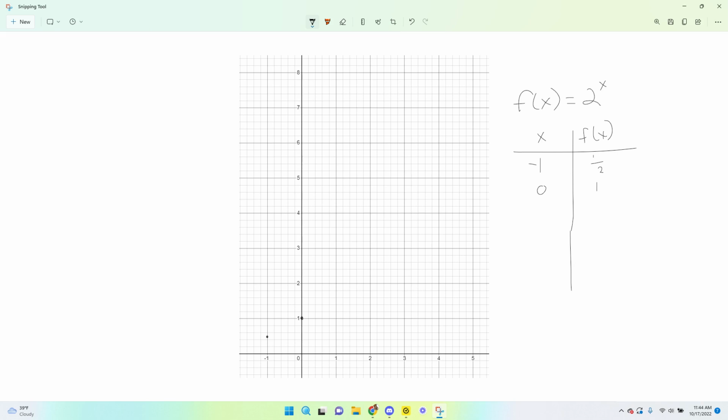If x is 1/2, f of x will be the square root of 2, or in other words, it's approximately 1.4. If x is 1, f of x will be 2.